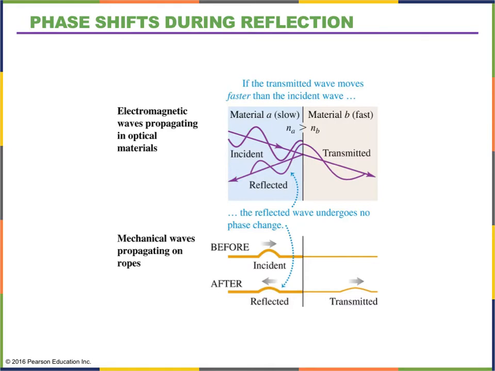In any case, if you have a light ray in a material with a higher index of refraction reflecting off a material with a lower index of refraction, it's going to undergo no changes. It won't undergo a phase change. And that's important to remember.